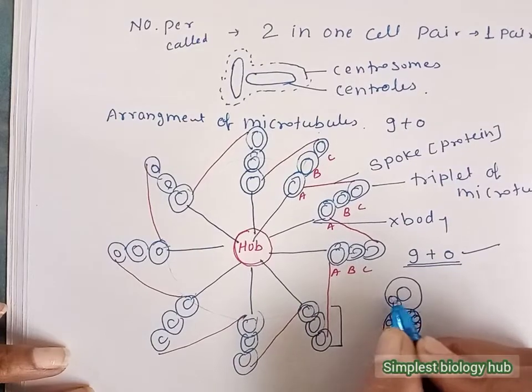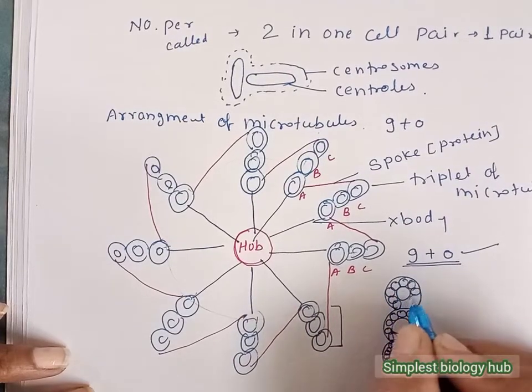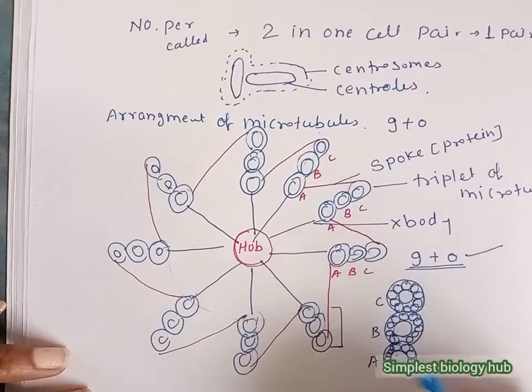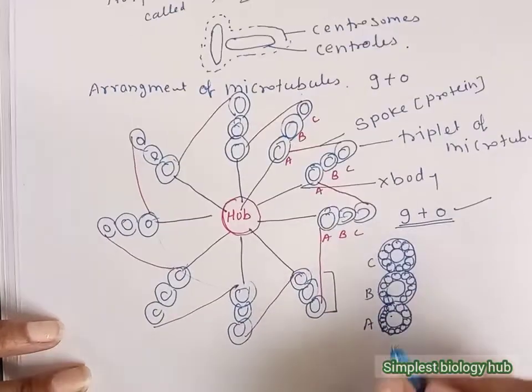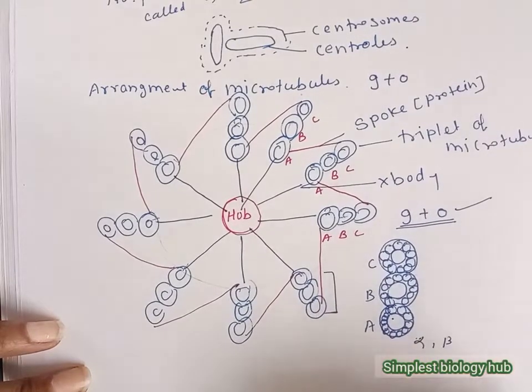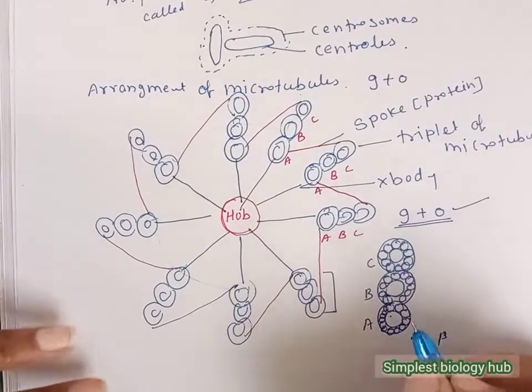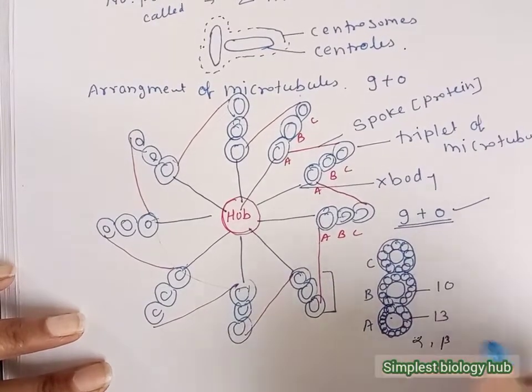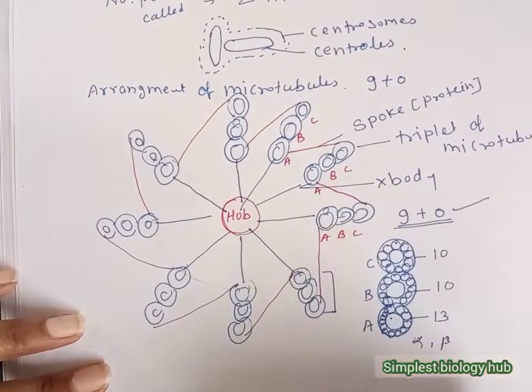Similarly, this means the A, B and C. These triplets are made of alpha and beta tubulin protein. A1 contains the 13 microtubules, B 10 microtubules, and C1 contains the 10 microtubules.